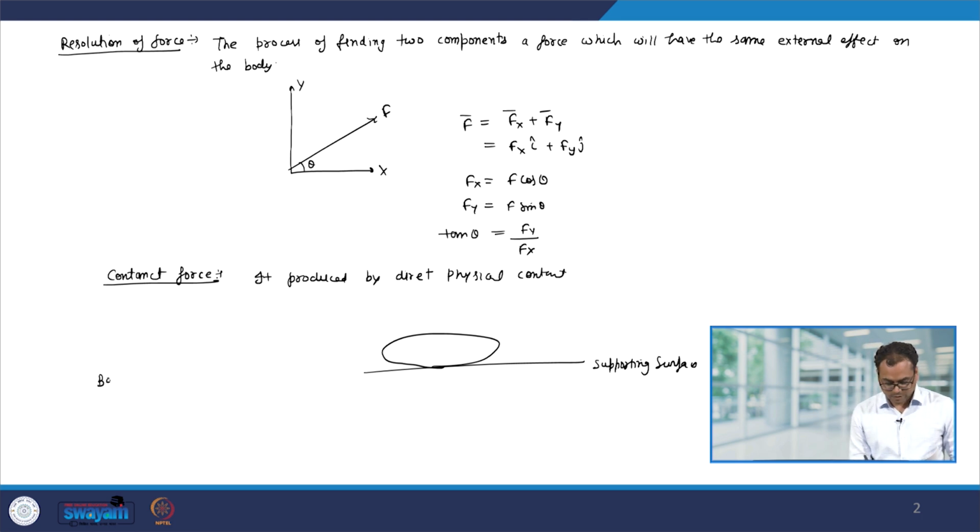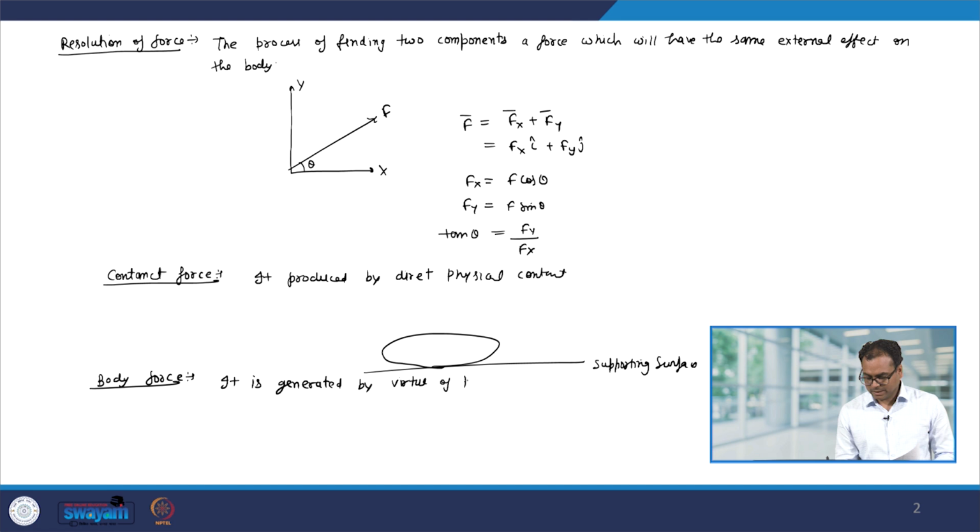We can also have a situation wherein we have a body force, and this body force is generated by virtue of the positioning of the body within a force field.